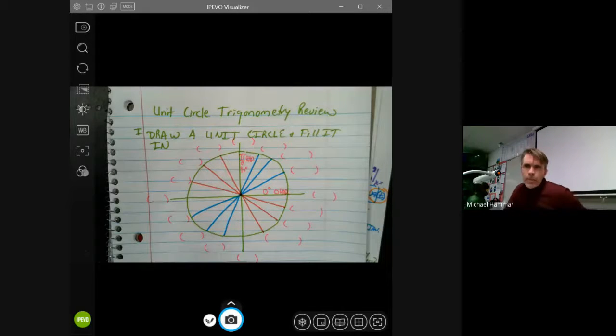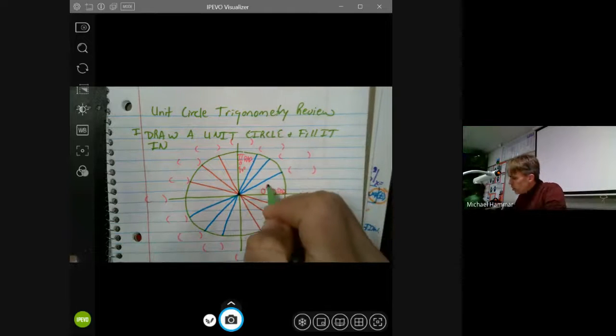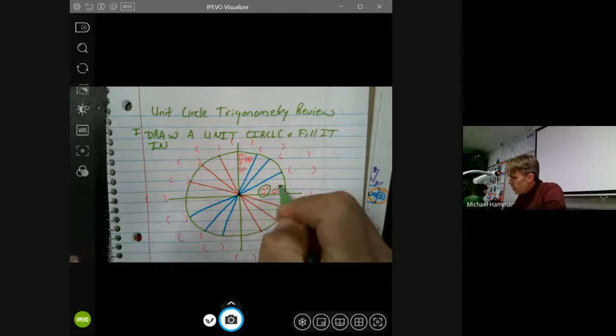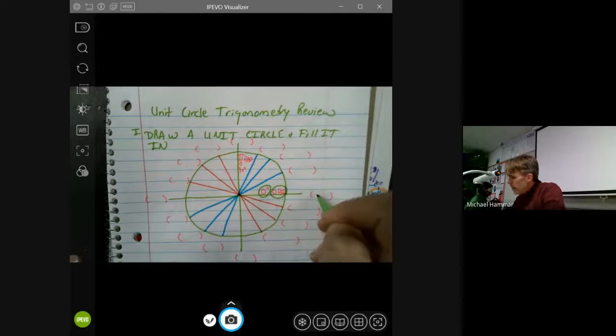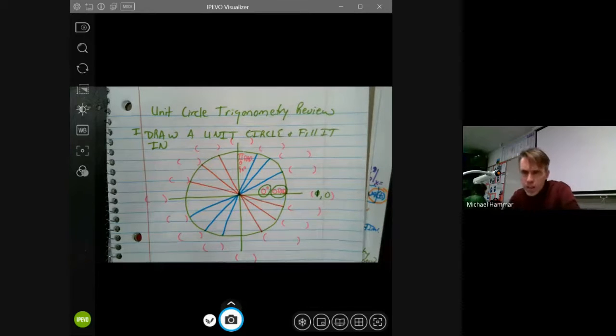What you should see right now is a unit circle trigonometry review. I'd like you to draw the unit circle and fill it in. Remember, I need you to put the degree, the number of radians, and the coordinates of each of the points.